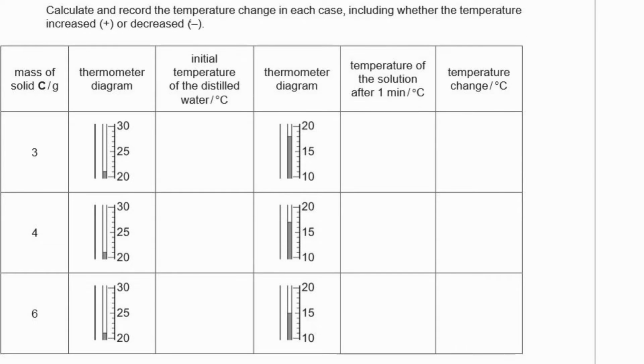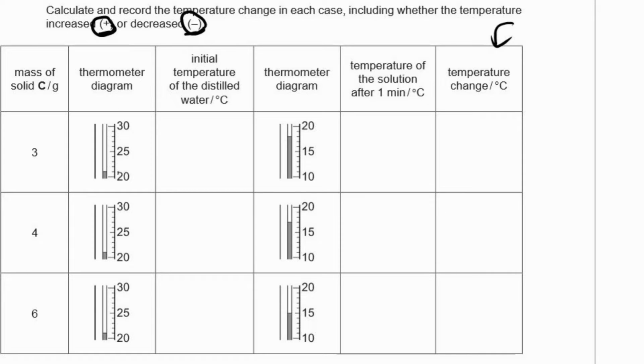It says calculate and record the temperature change in each case, including whether the temperature increased, plus, or decreased. That means you have to put a plus or a minus in front of each of the values in the final column. Okay? You can't just assume that they know it's positive if you don't write a plus.